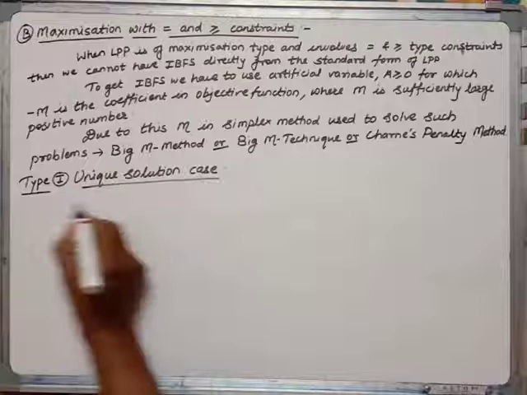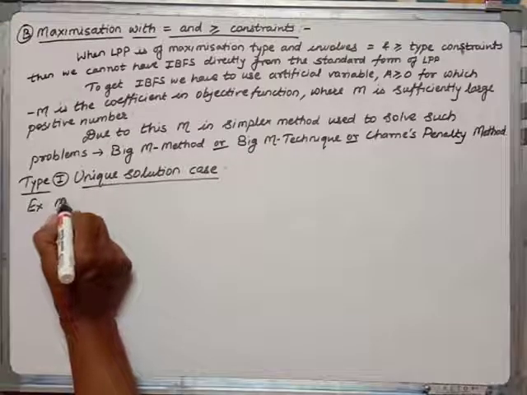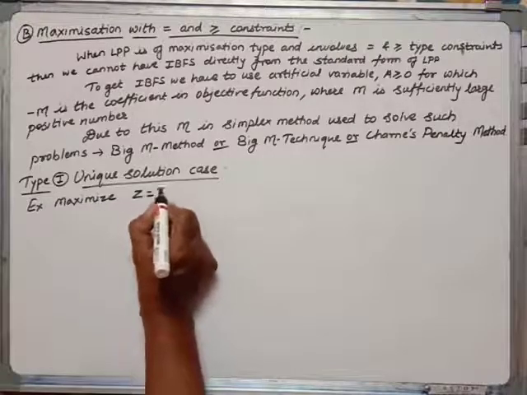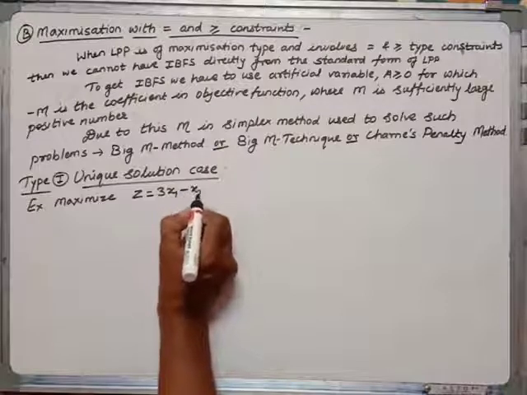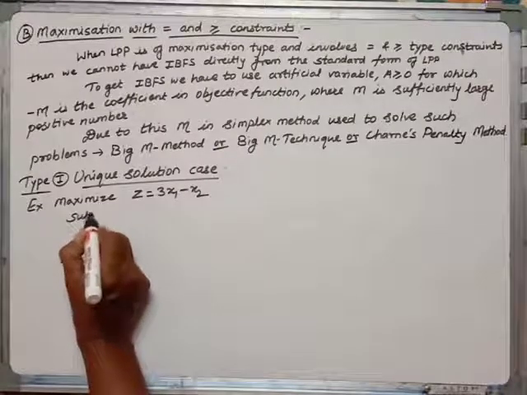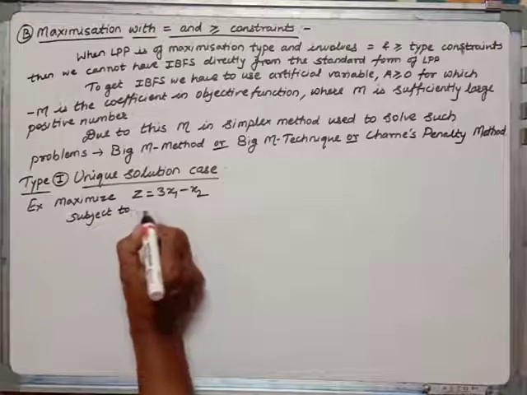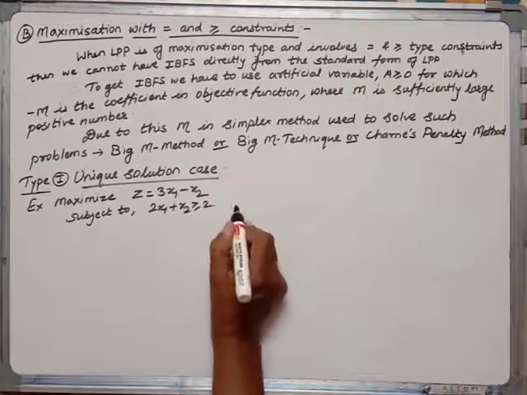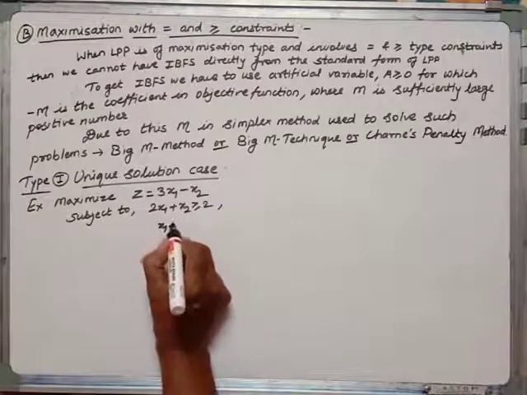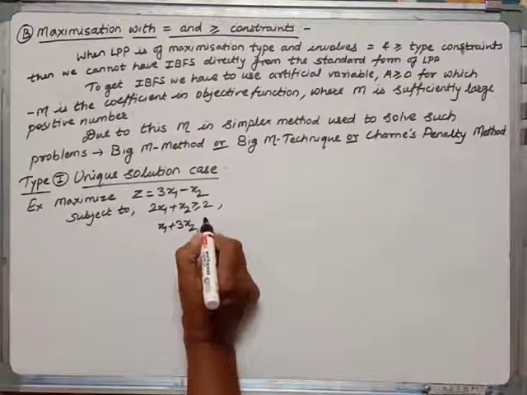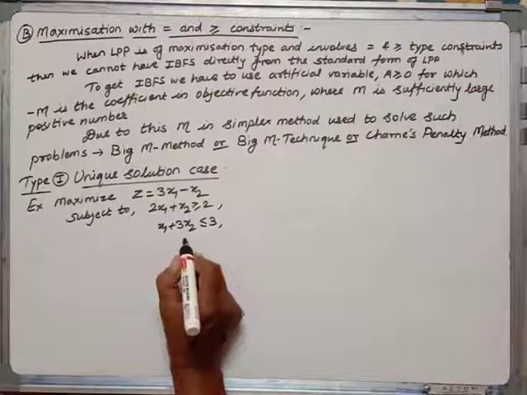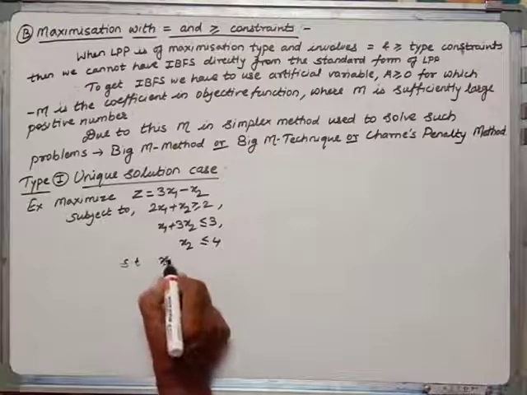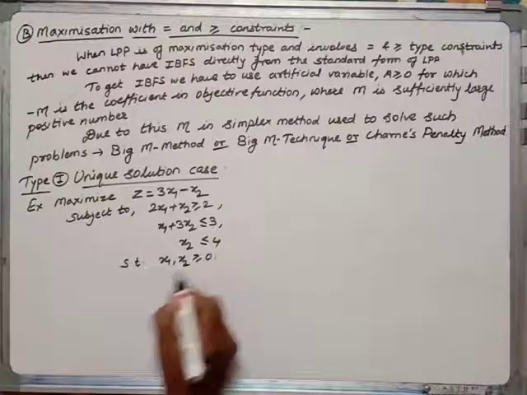Okay, now example: maximize z equal to 3x1 minus x2 subject to 2x1 plus x2 greater equal 2, x1 plus 3x2 less equal 3, x2 less equal 4, such that x1, x2 greater equal 0.